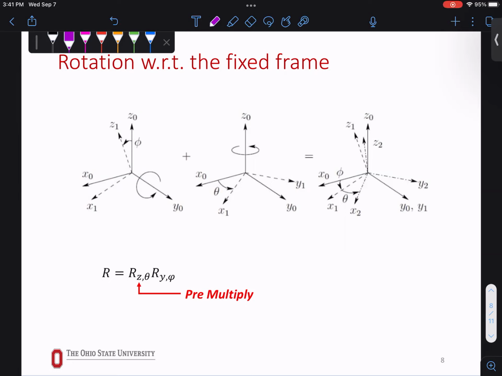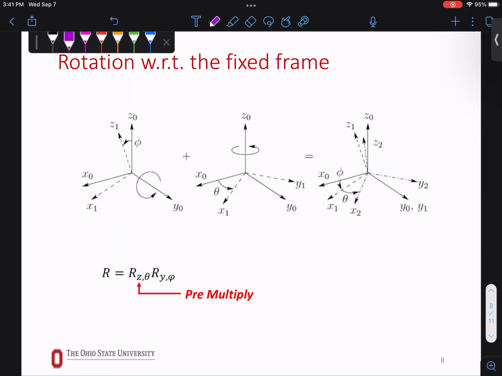Now, how do we calculate that mathematically? Because whatever you see, you should be able to write the equation for it mathematically. If you pre-multiply the rotation, you will get the correct answer. Now you see that you cannot switch the rotation order, because if you did, you will end up somewhere else, right?